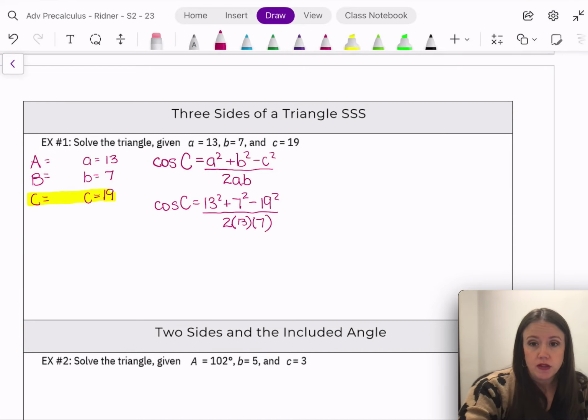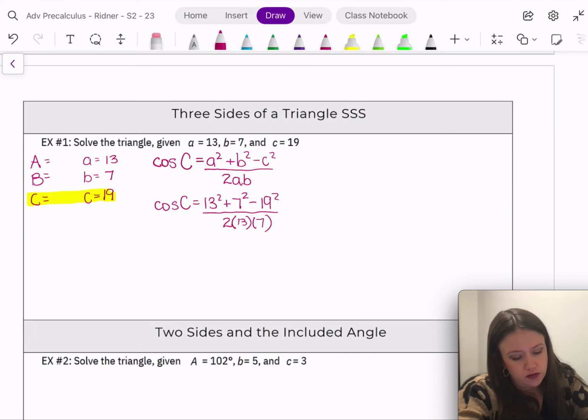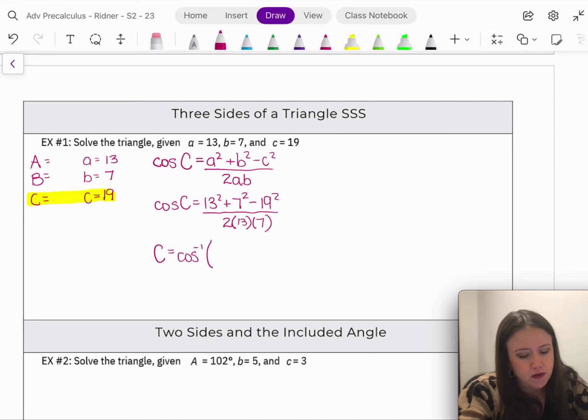Now, if you type all this in your calculator and you hit enter, you're going to get a really random decimal smaller than 1, and you're going to be like, something doesn't seem right. You would be correct, because we actually don't have cosine C. We don't have C by itself. We have cosine C. So remember, to get C by itself, we actually have to do cosine inverse of that fraction.